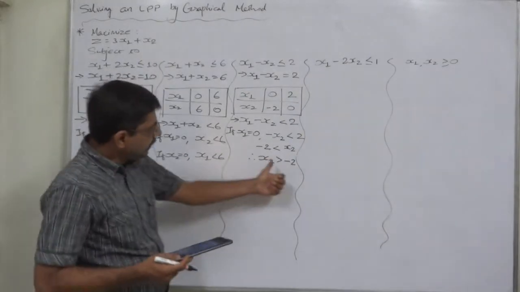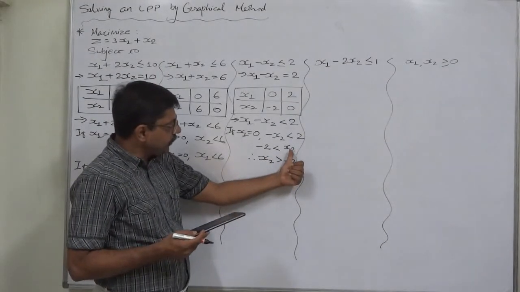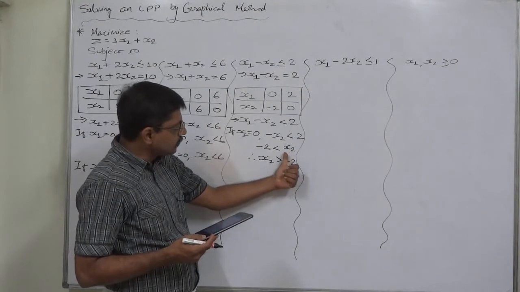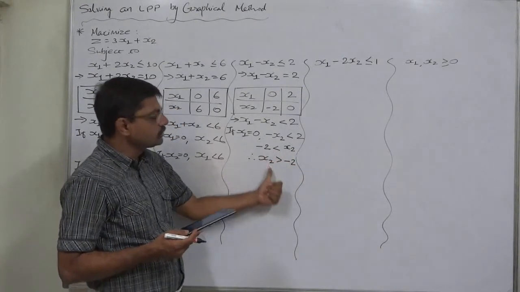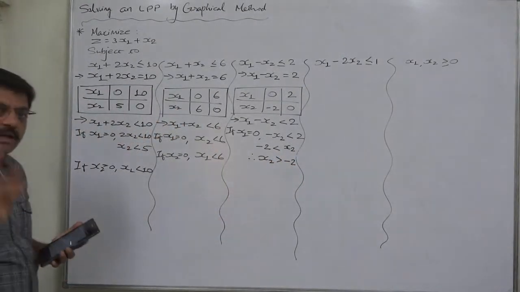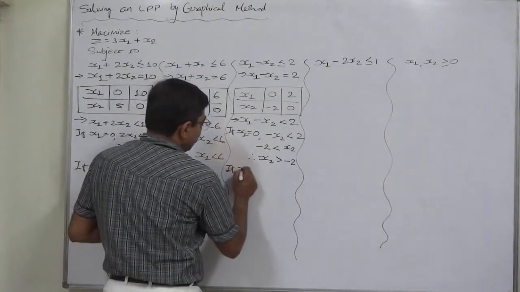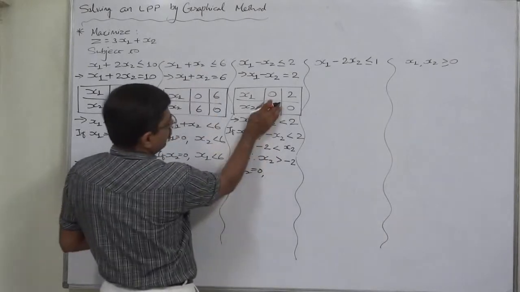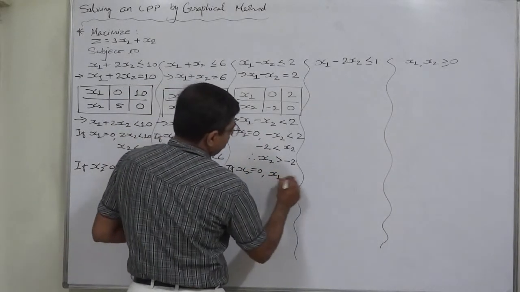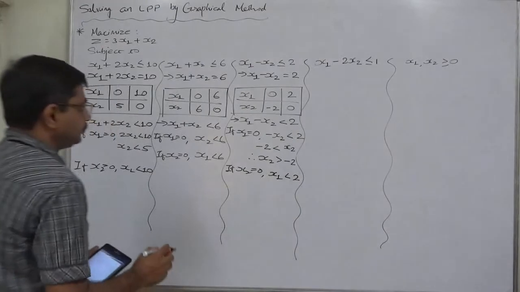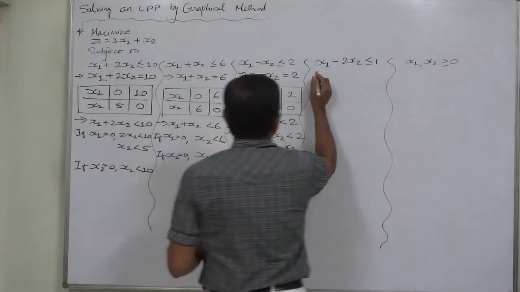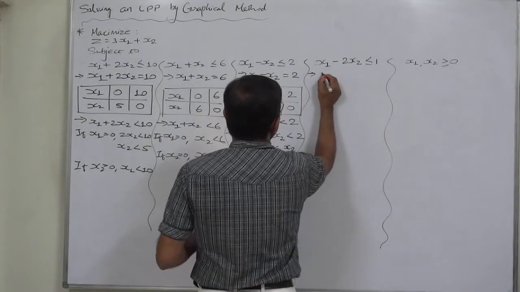If we read these from right to left, it is x2 greater than minus 2. Plotting and shading will be on the basis of this last step. Now if x2 takes value 0, then it will be x1 less than 2.